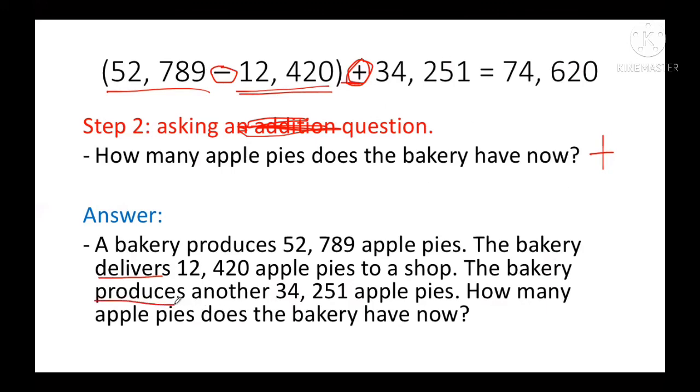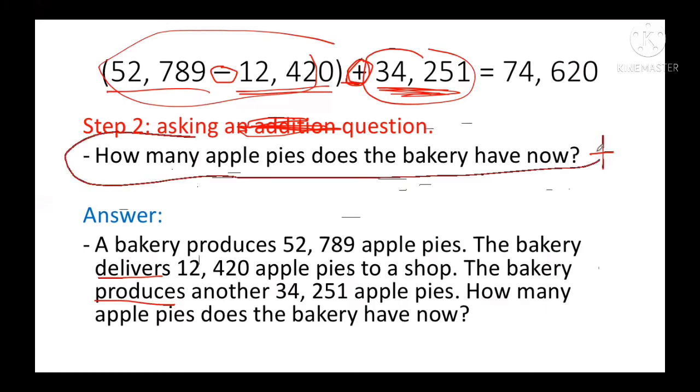Produce means we will add, or plus. So the bakery produces another 34,251 apple pies. That means we will minus this and add this other set of apple pies. How many apple pies does the bakery have now? I'm just copying this from my step two and putting it in the question.